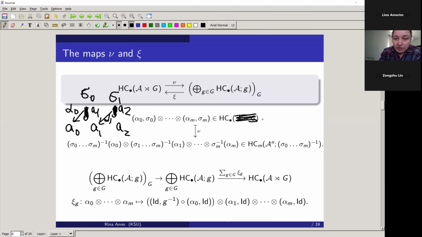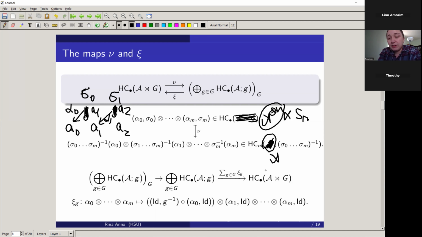So this should be a tensor n smash G, and the A n should be the same as A n here. Of course, this decomposition works for any group G acting on any A. In our paper it should be A here, not A to the n.